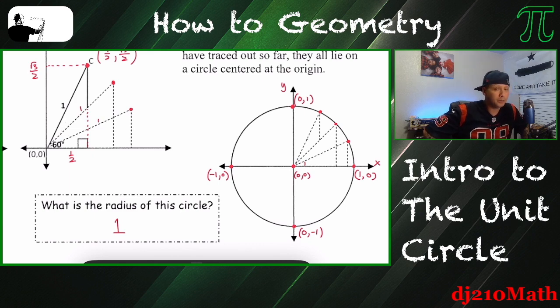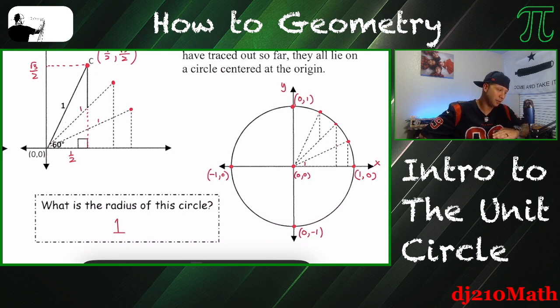So when I say tools, think of things that we use to measure, right? We use a ruler to measure in centimeters, inches, and feet. Well, the unit circle, in a sense, measures angles, almost like a protractor. But a protractor measures the degrees, right?